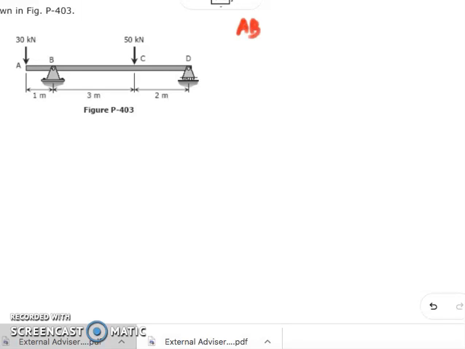So our shear force AB actually is equal to negative 30. And our moment AB is equal to negative 30x. So for AB, the length is 1. So you have negative 30 times 1, so this is negative 30.